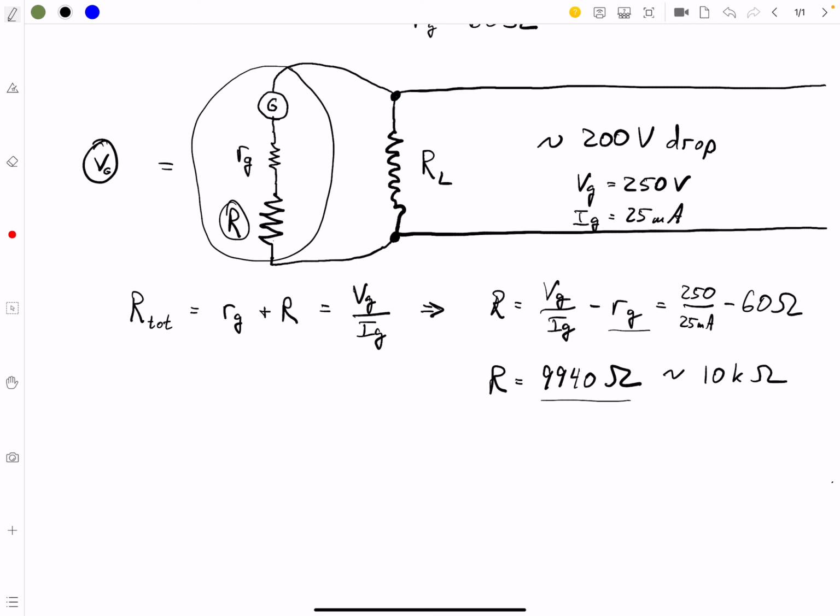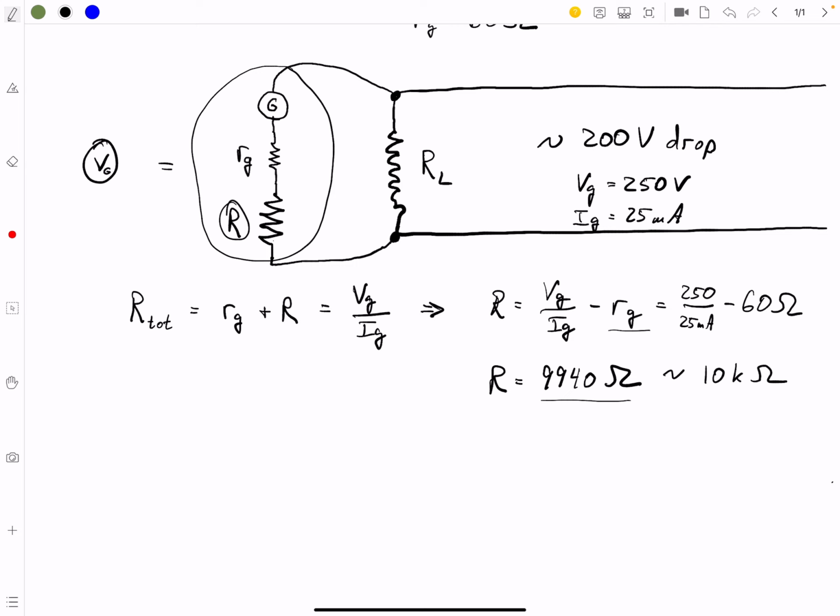Okay, let's look at a galvanometer. That's a galvanometer as a voltmeter. We're going to now look at a galvanometer as an ammeter.